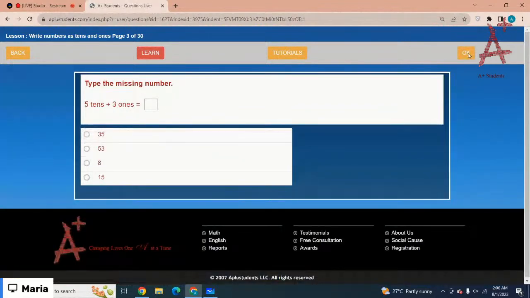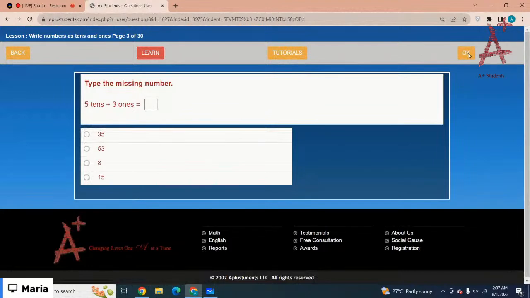Okay, type the missing number: five tens and three ones. Which is the correct option? That means 5 is at the tens position and 3 is at the ones position.